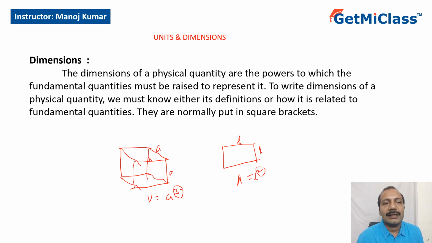Now, to write the dimensions of a physical quantity, we must know either its definition or how it is related to the fundamental quantities. They are generally put in square brackets. So that's all about representation. But what is a dimension? Dimension is the powers to which fundamental quantities are raised in the expression of a physical quantity.